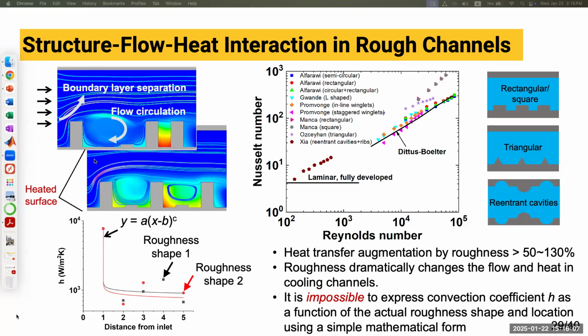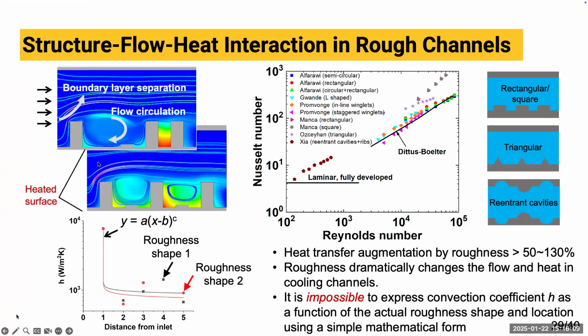However, of course, as you can expect, mathematically, it is extremely challenging, or maybe impossible, to derive a simple formula to express the convection coefficient along the channel for many different rough channels. Here I show the square symbols corresponding to the distribution of convection coefficient in roughness shape 1, which is this.